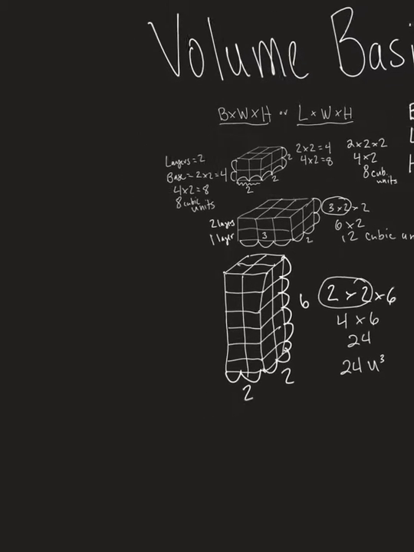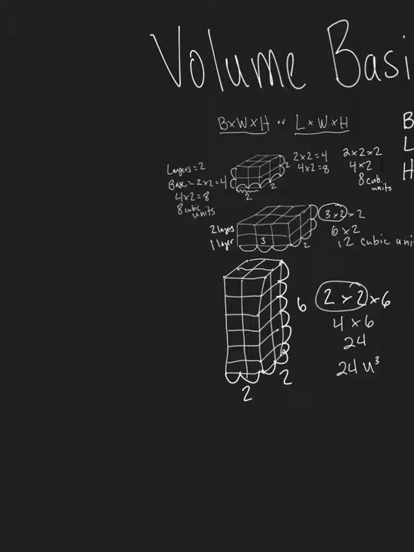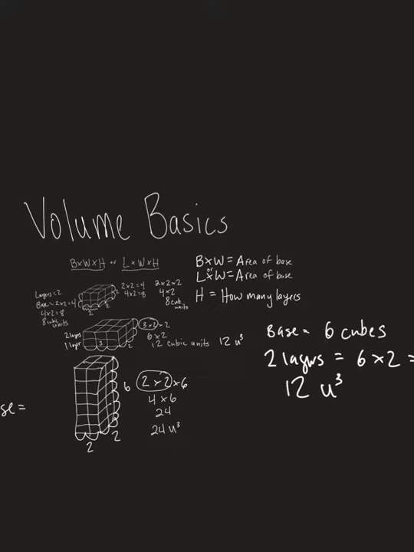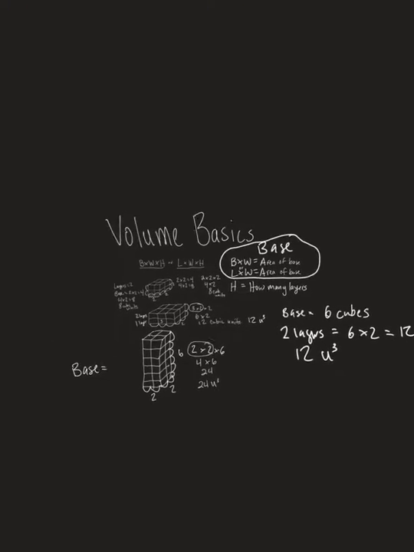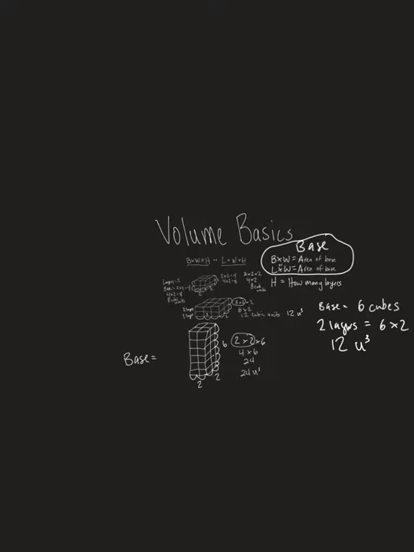Now if I'm doing it the other way, over on this side, I need to find my base. Remember, your base, if we look over here, this is how you find your base. Your base is going to be length times width, or base times width, either one.